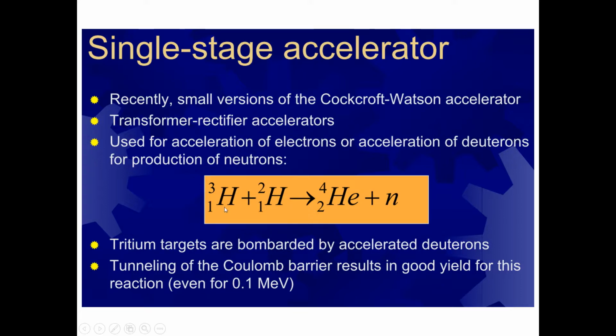Just like you can see here, in this particular reaction, tritium targets are bombarded by accelerated deuterons. As a result, tunneling of the Coulomb barrier results in good yields for this reaction, even for 0.1 mega electron volts.